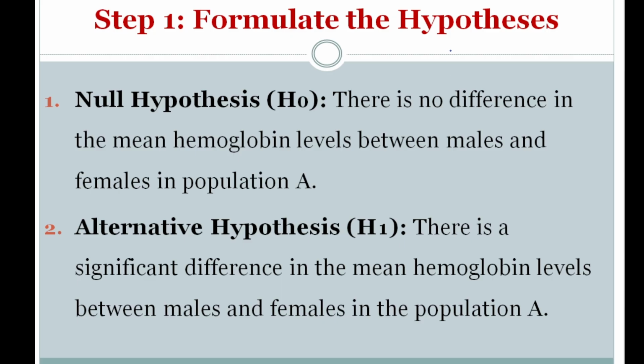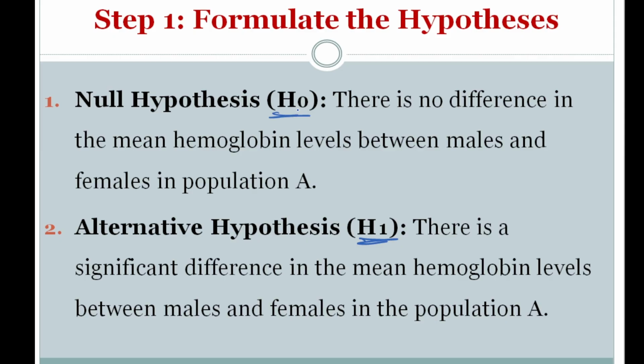And you know that there are two main types of hypothesis. One is null hypothesis, the other one is alternative hypothesis. By null hypothesis, we mean that there is no difference, there is no effect, or you may say that there is no relationship between the variables. And we will discuss an example.